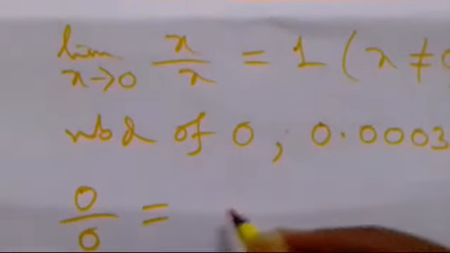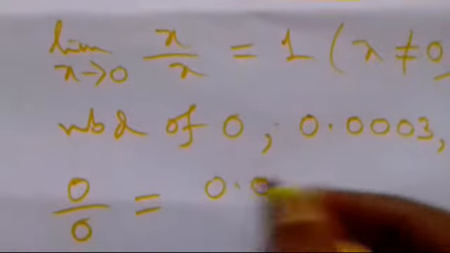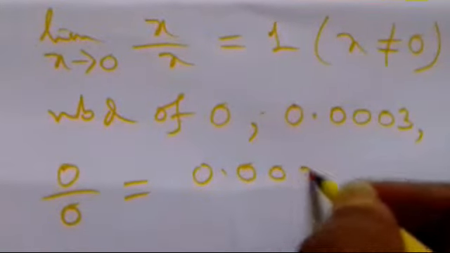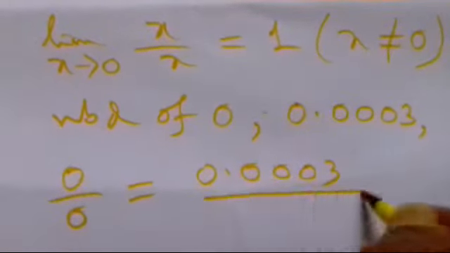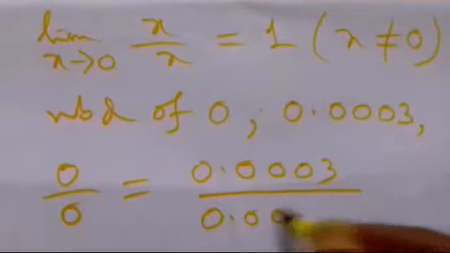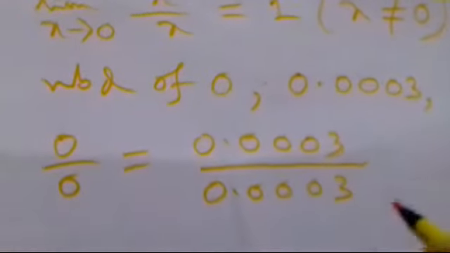It is clear that 0 by 0 already takes this form, 0.0003, and if we take another result, 0.003, it is clear that this result is obviously 1, but it is a limiting form, not an exact form.